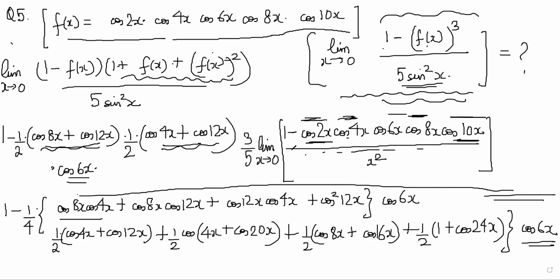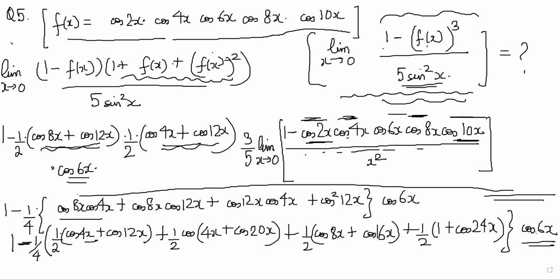Is there some way to get this faster? Do you understand how it will be solved right now? Even if it is super long, I'm just writing this whole thing, and when I put the cos 6x inside, I will take one more time half of and all.